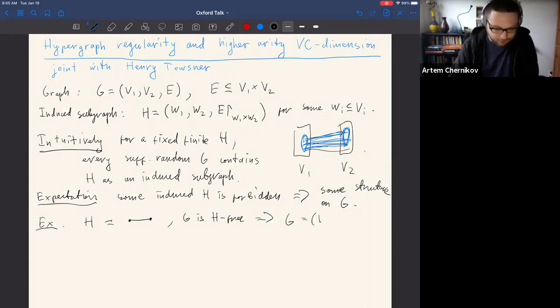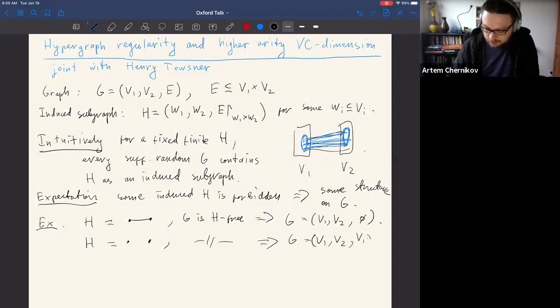So then G is just a graph of the form V1, V2, and no edges whatsoever, if it doesn't contain H as an induced subgraph. Similarly, if we take H, let's say, to be the non-edge, then H-free implies that G is complete. So it contains all the possible edges. So the edge relation is V1 times V2.